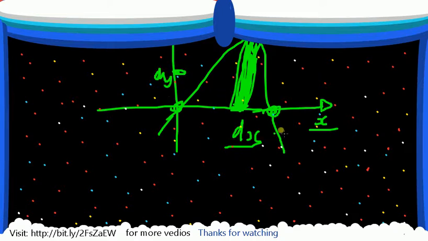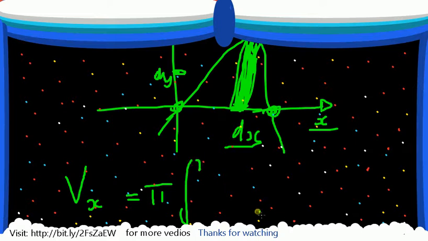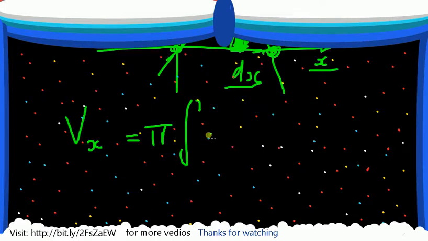So if they say it is rotated in the x-axis, that means we're dealing with a volume. This is the disk method.